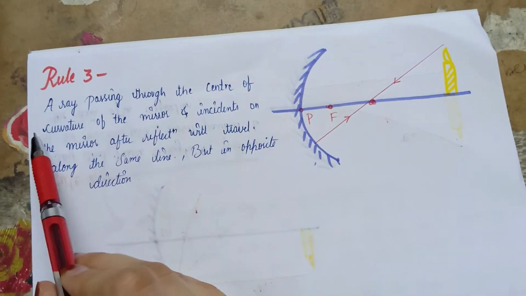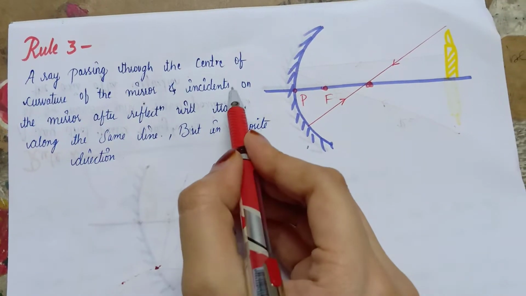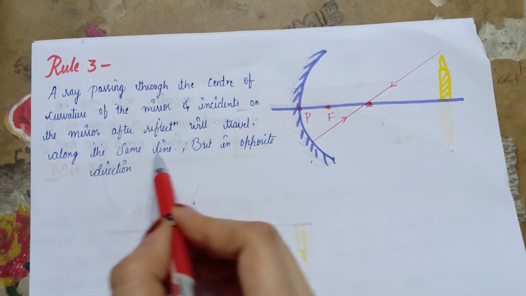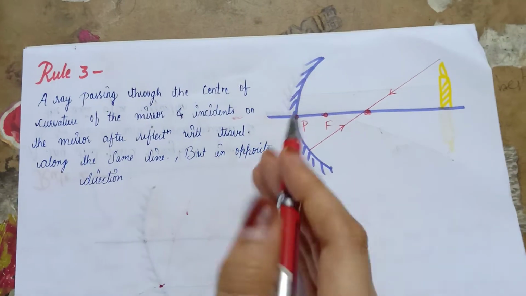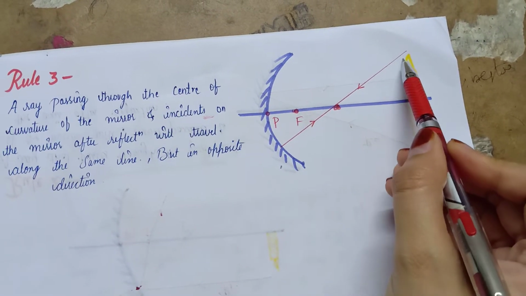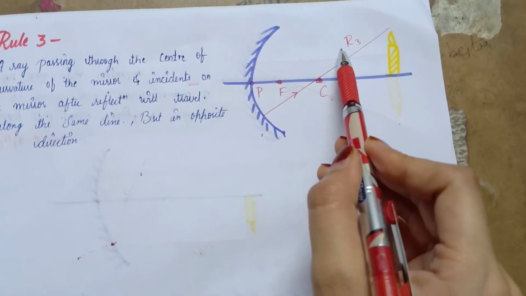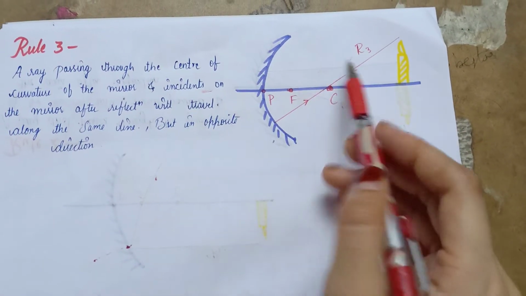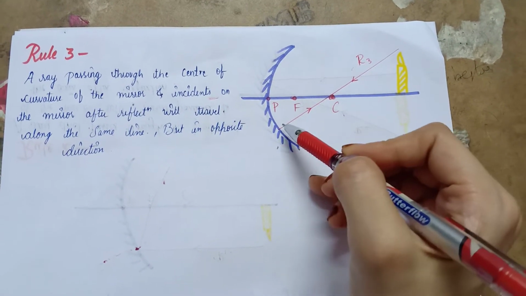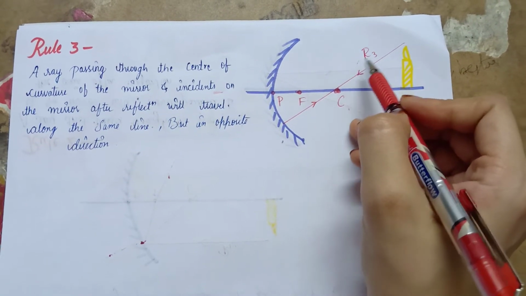Come to rule 3. Rule 3 says that a ray passing through the center of curvature of the mirror and incident on the mirror will, after reflection, travel along the same line but in the opposite direction. See, here is our mirror, here is our center of curvature, and here is the light ray. The ray passes through the center of curvature, is incident on the mirror, and is reflected back along the same line.